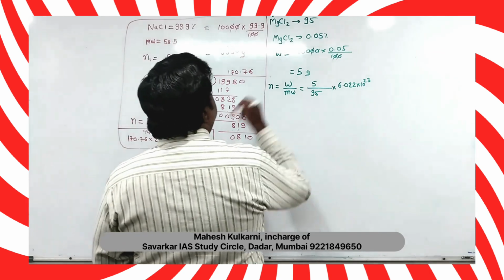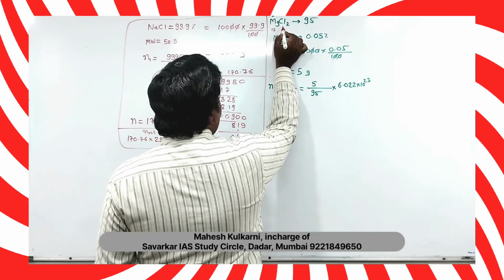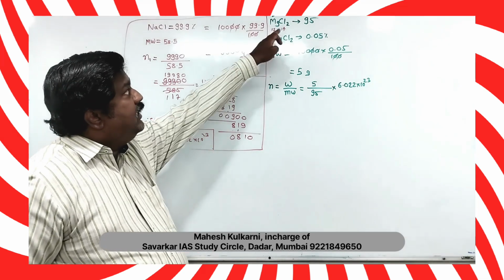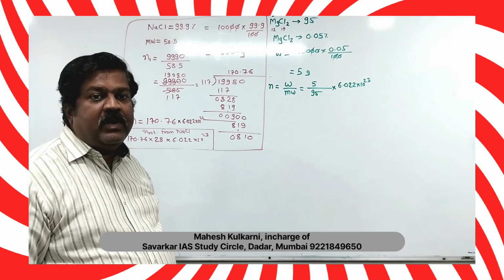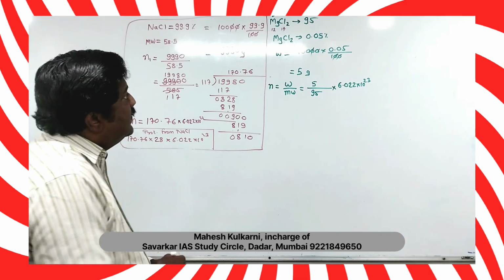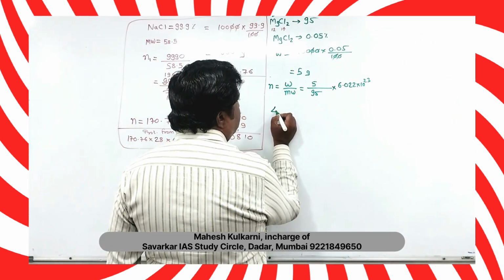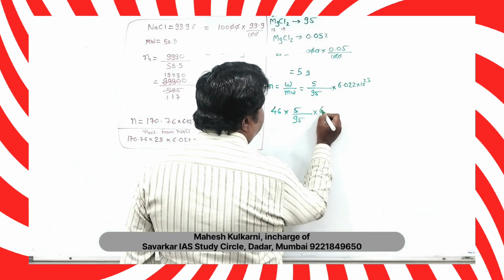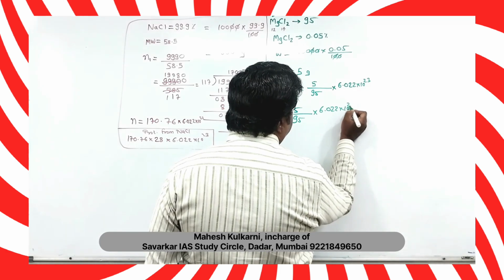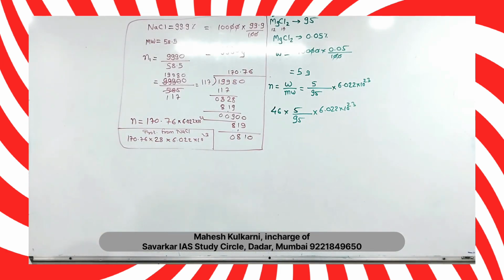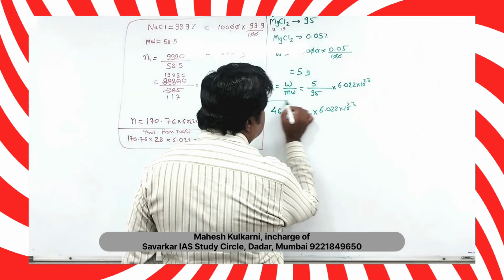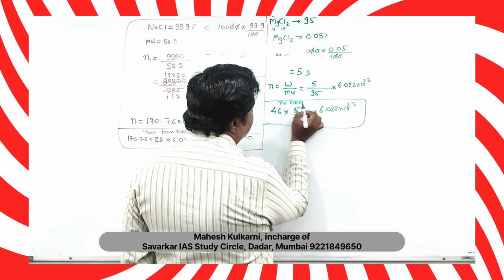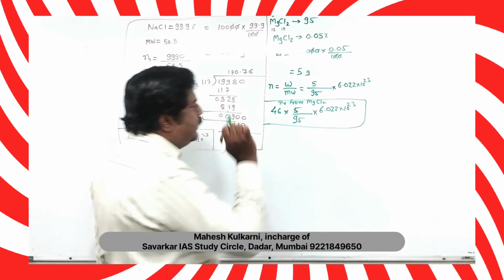The atomic number of magnesium is 12, whereas chlorine is 17, but it is MgCl2. So 17 twos are 34, 34 plus 12, that is 46. So 46 into 5 upon 95 multiplied by 6.022 into 10 to the power of 23. This is the number of protons from magnesium chloride.